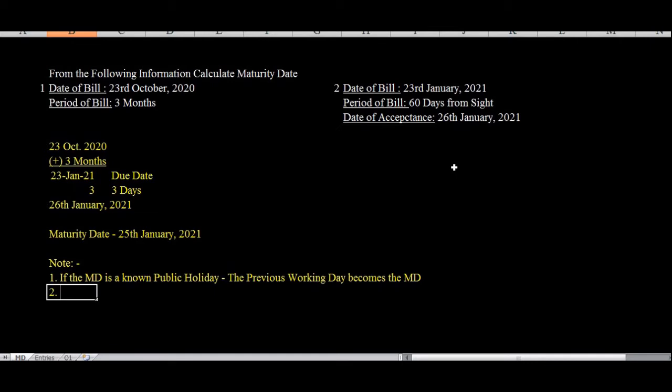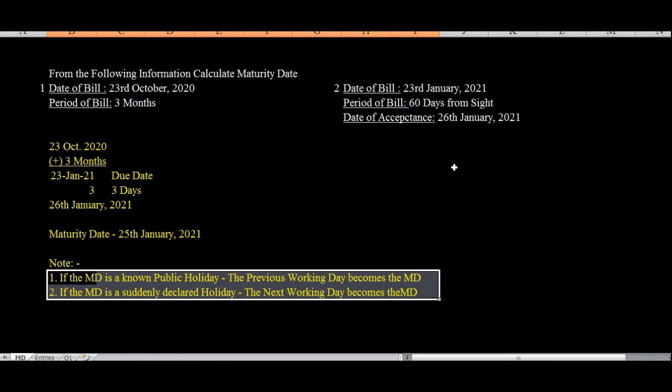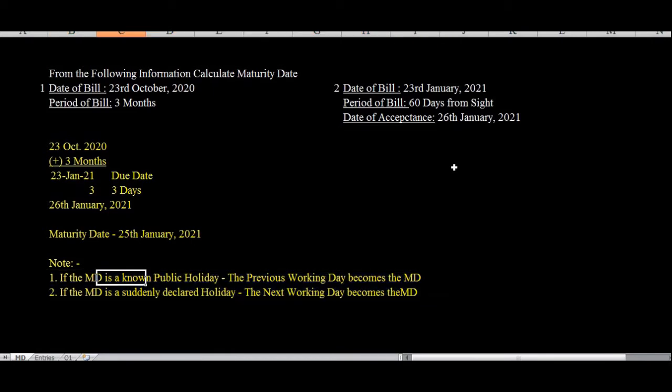All right. However, there is a second note as well. If the maturity date is a suddenly declared holiday, in that case the next working day becomes the maturity date. These are the 2 things that each one of you needs to remember.